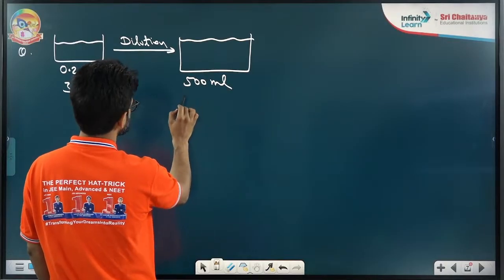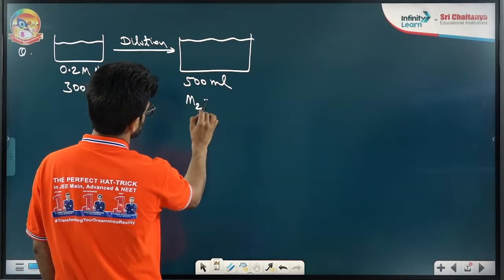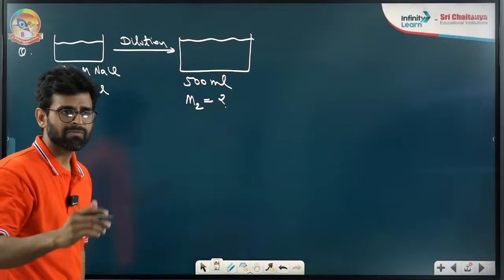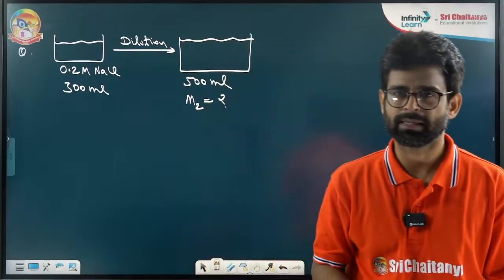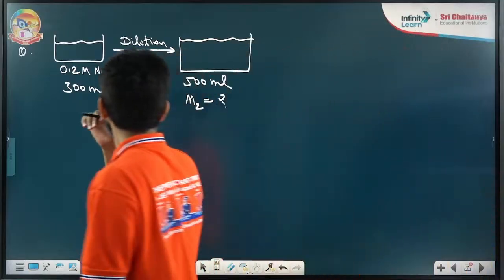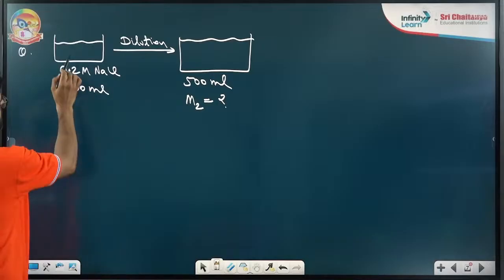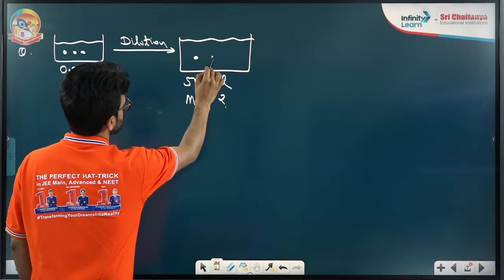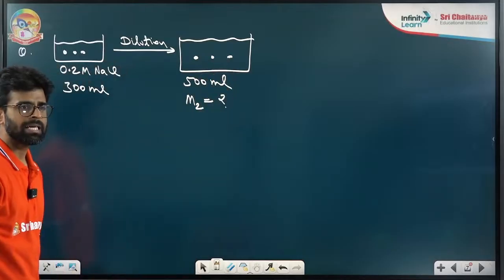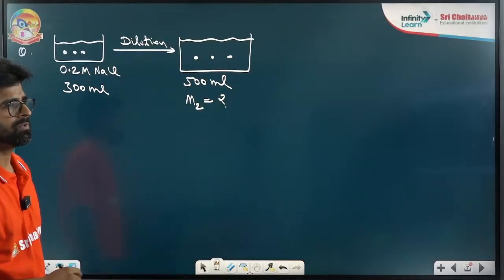So in the final solution, what is the molarity? After dilution, the volume becomes what? The number of moles of solute will remain the same, it will not change.